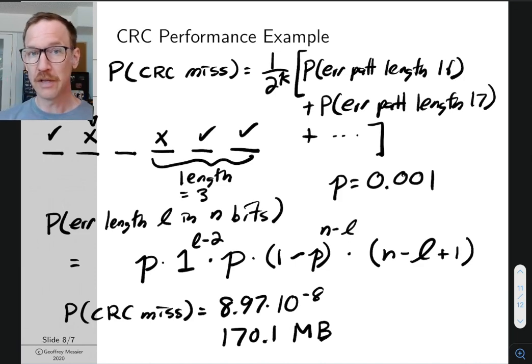So there's really no links on the internet that would have a raw bit error probability of 0.001. And so because of that, the performance isn't great, but we can still see that relative to the simple parity check bit, the CRC performs a lot better, which is basically why it's the industry standard.